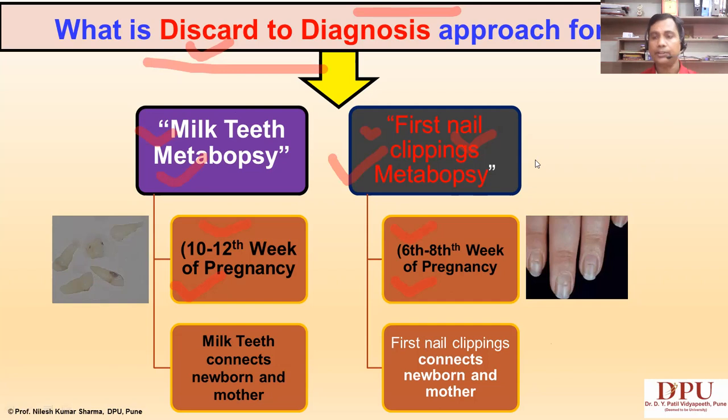Those are selective in nature. So this approach of discard to diagnosis will serve as a collective, comprehensive early diagnostic avenue for inborn error of metabolism or inherited metabolic disorders, so that they can be diagnosed early.